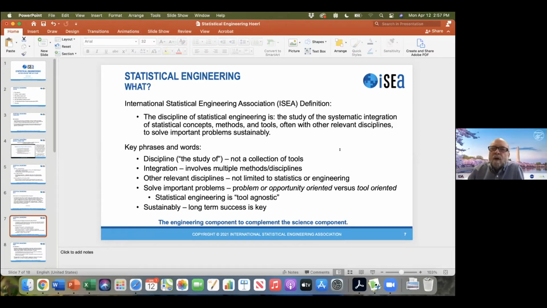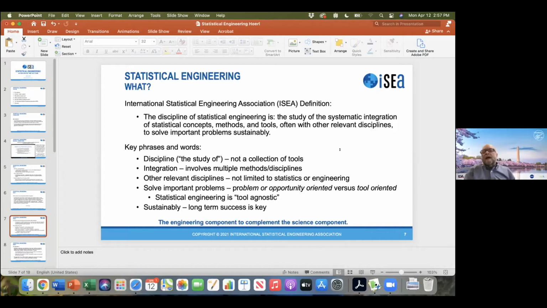We're not talking about a collection of tools. So statistical engineering is not a specific set of statistical tools. It involves integration, and of course, engineering involves integration, any type of engineering. Other relevant disciplines, those that are involved in this particular problem, could be computer science, mechanical engineering, or a variety of other things, to solve important problems.